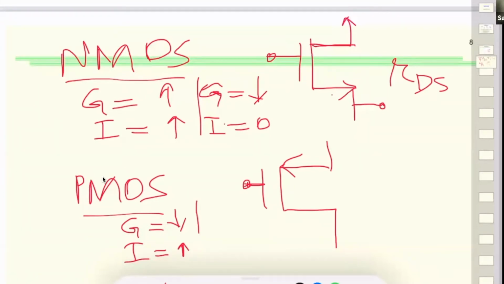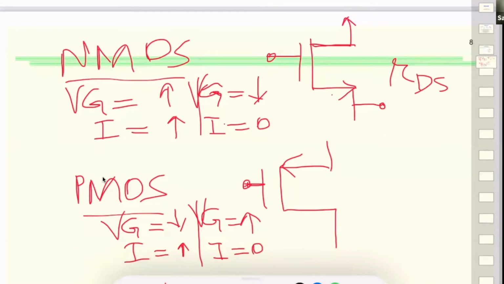And conversely, if the gate voltage is high, it's not conducting. So there's no signal, no current goes through. We have to remember this by heart, because this is the fundamental information on which we will base the implementation.